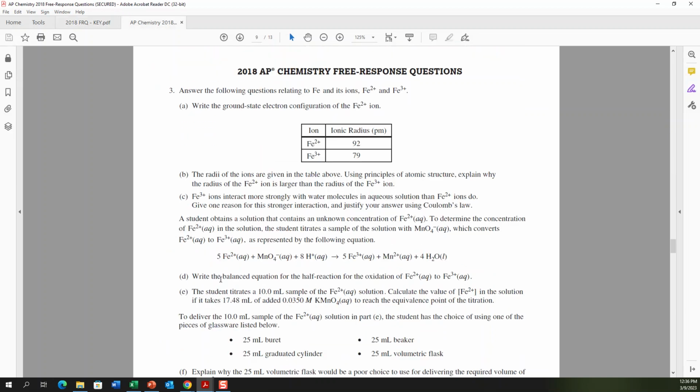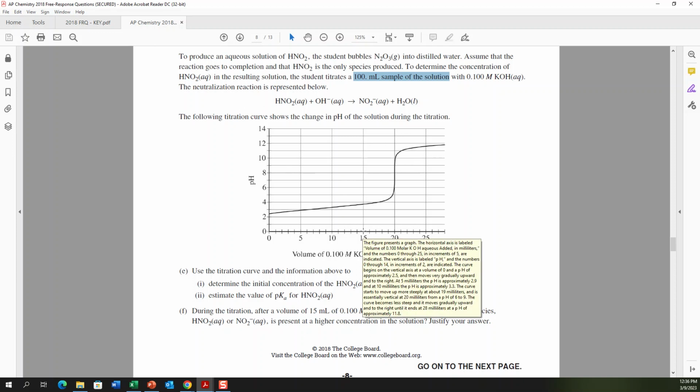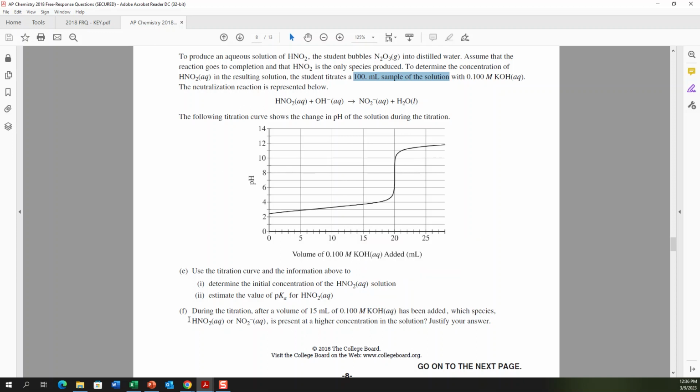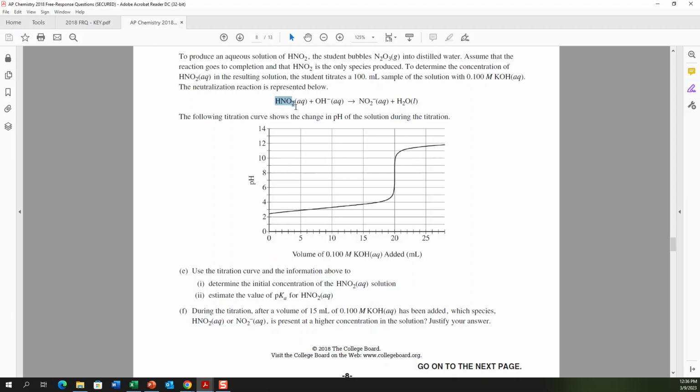Okay. So during the titration, after the volume of 15 milliliters of 0.1, so that puts us here in the titration. What do we have more of, the HNO2 or the NO2 minus? So remember, in a titration, the way we would represent it is before the start, all we have is HNO2.